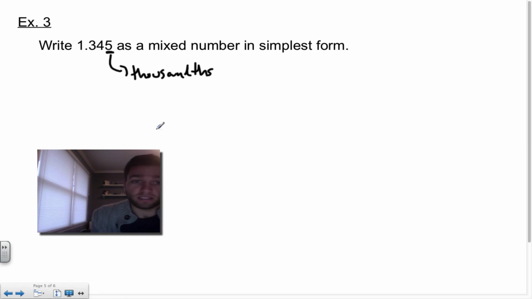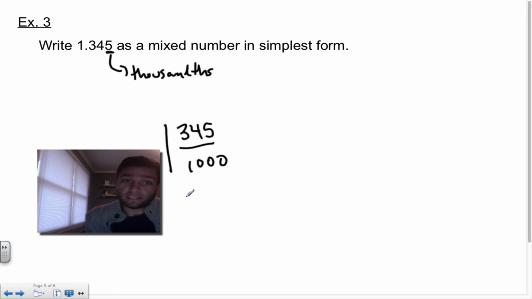And what I mean is, I'm going to say the number again, and I'm going to write it down as I say it. 1 and 345 thousandths. 1 and 345 thousandths.